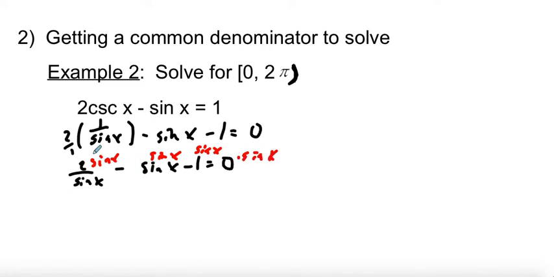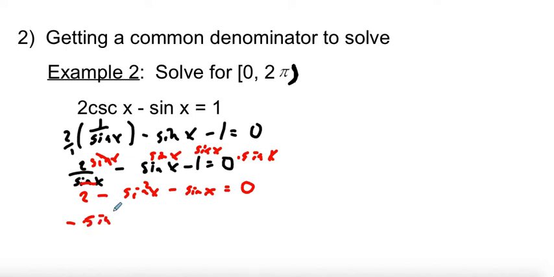What happens is that the sine x's here can cancel out. This is exactly what we wanted to have happen. So I get 2 minus, and here sine x times sine x is sine squared x, and then minus sine x equals 0. So now I'm just going to rearrange them.